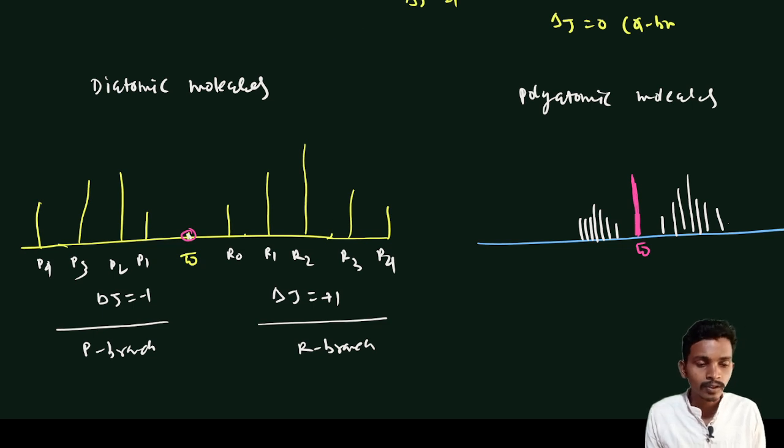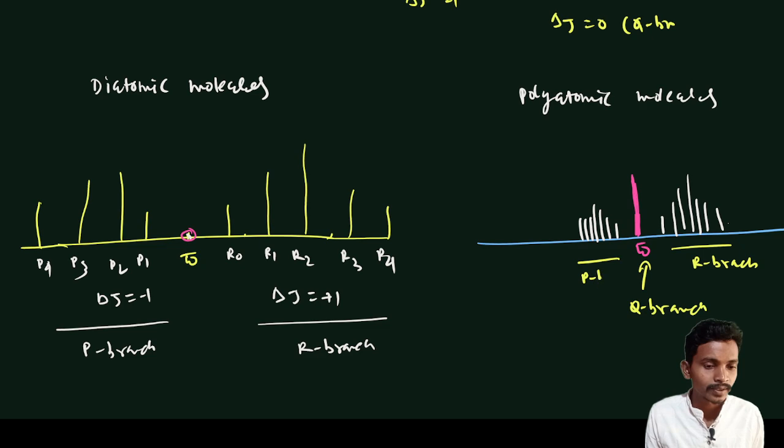The dark intensity is for the Q branch, this is for the R branch, and this is for the P branch. In the same way, this is R0, R1, R2, and this is P1, P2. Here delta J equal to -1, here delta J equal to +1, and here delta J equal to 0.